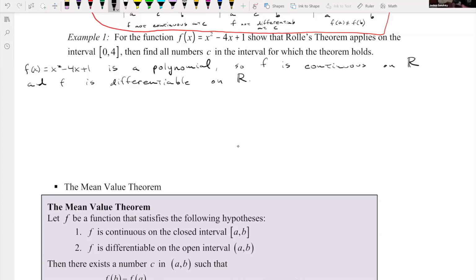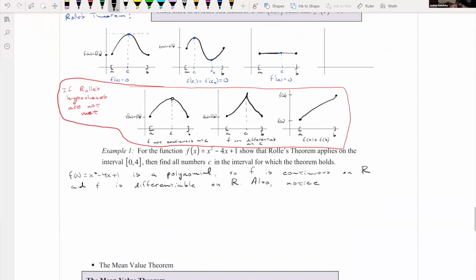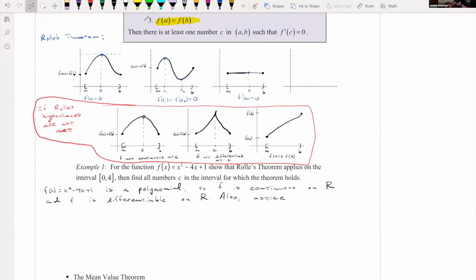From there, let's say also, notice, so now I've got to say something about the third hypothesis, right? The one you see at the very top of your screen there. I have to say something about f of A equaling f of B. So notice that f of 0 is equal to, well, let's find out, 0 squared minus 4 times 0 plus 1, which will equal 1, and f of 4 is equal to 4 squared minus 4 times 4 plus 1, which equals 1.